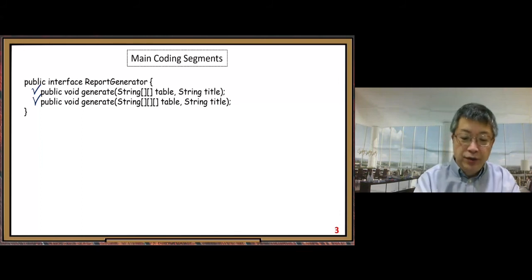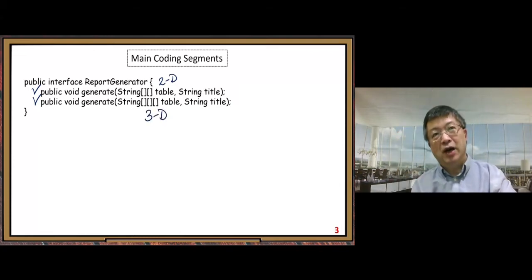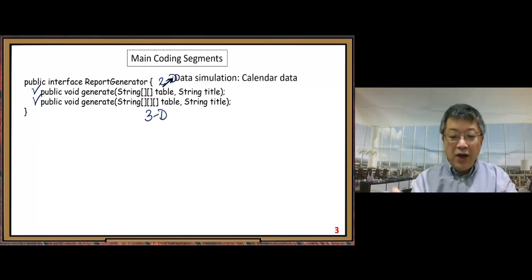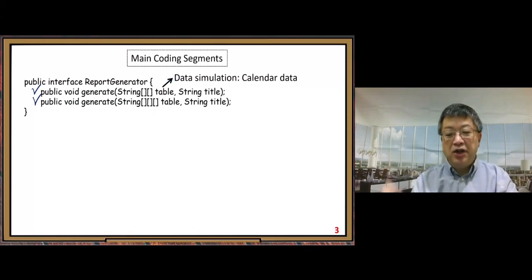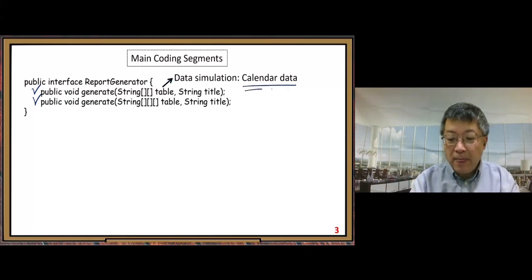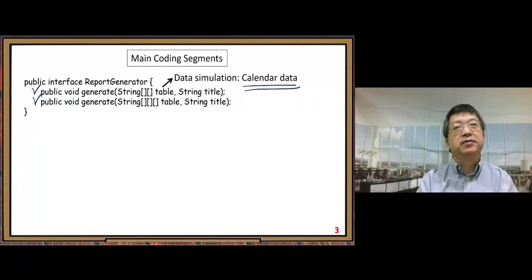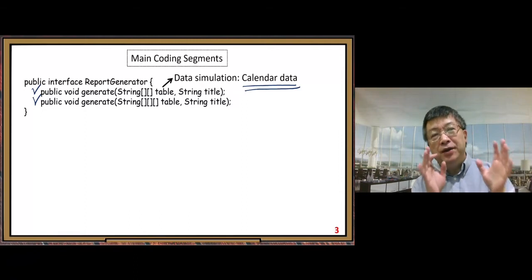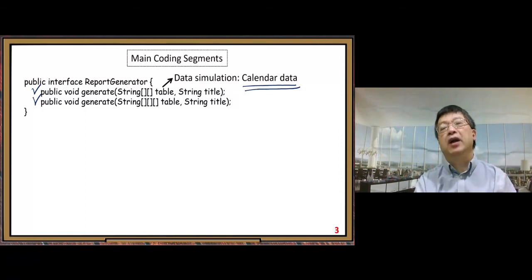The first one takes a 2D string array, the second one a 3D string array. Here, I just do a data simulation. I use calendar data to simulate our business data.